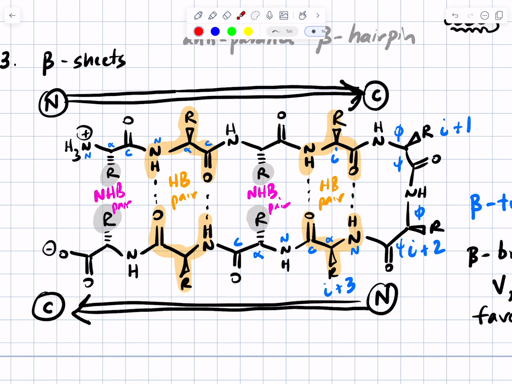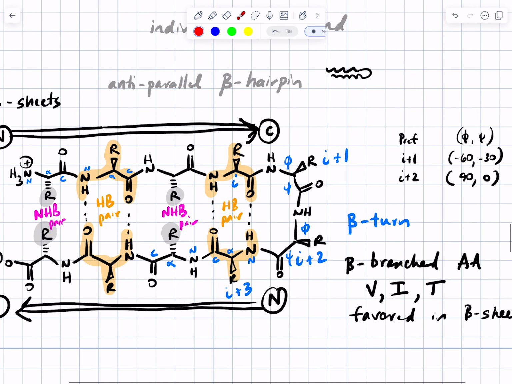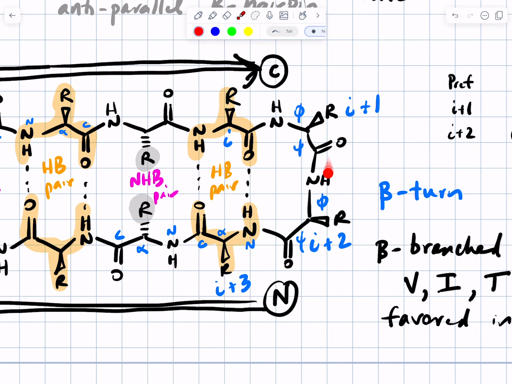The other interesting thing about the beta hairpin is that these two amino acids have to kink around quite quickly, and they sometimes have to adopt weird dihedral angles to do so. For example, it's been observed that in most beta turns, so they call these four amino acids the hydrogen bound pair immediately preceding the turn, and then these two in the middle that connect the two sides, they call that a beta turn.